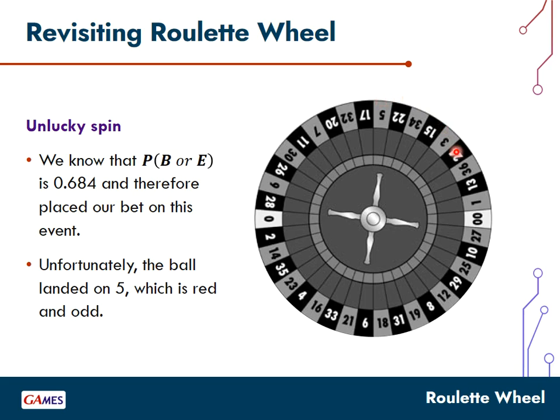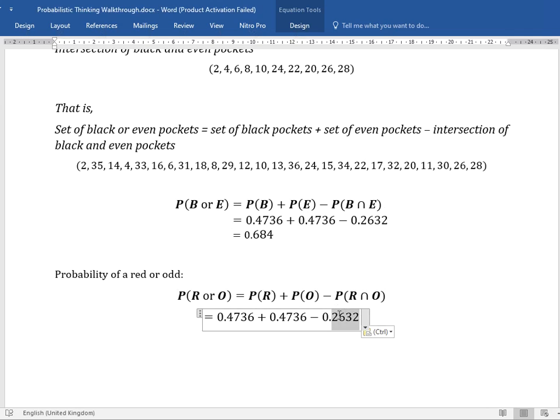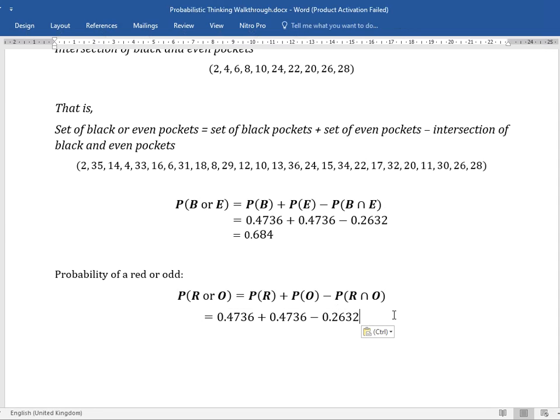So 1, 2, 3, 4, 5, 6, 7, 8, 9, and 10. Voila. So we still have 10 elements that are both red and odd. So that more or less still gives you 10 over 38, which is this. So still pretty much everything we have here is what you're getting.